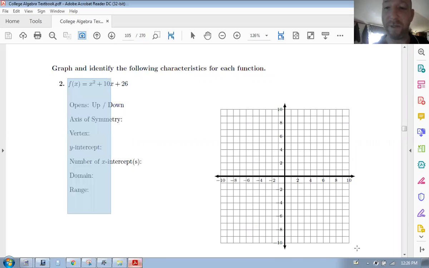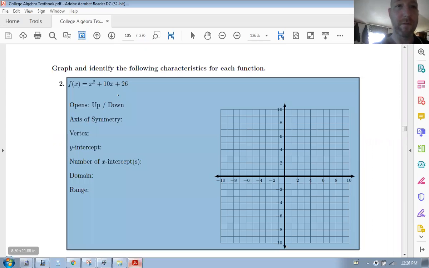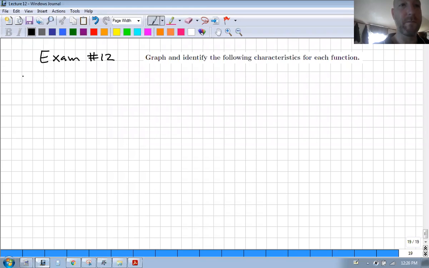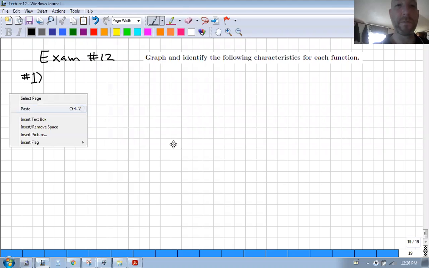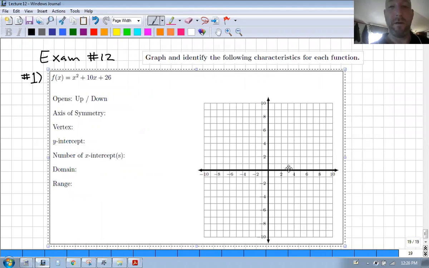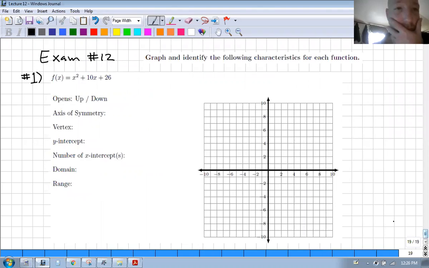It's going to be our number 1. How can I put both of these on one page? Well, let me think about this.